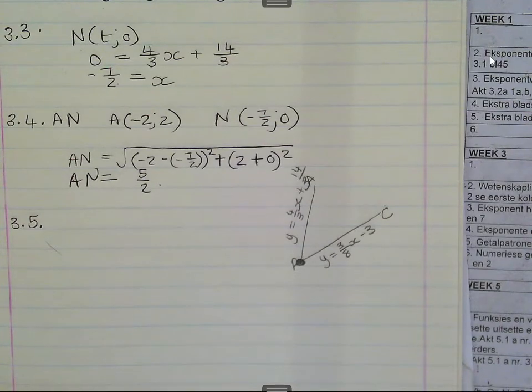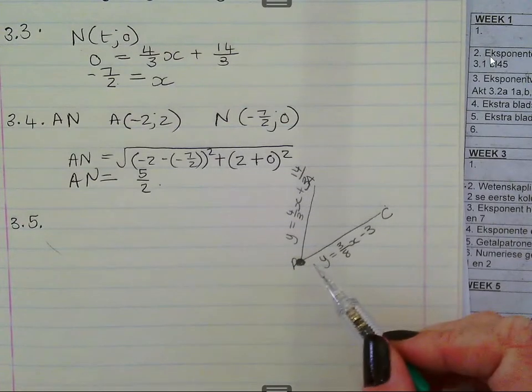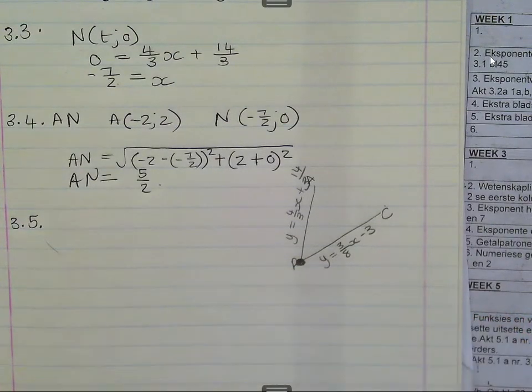We are also going to do a lot of this when we start doing functions, or the graphs. So whenever you want to know, make a note, where two graphs cut each other, where they intersect, then you let the equations be equal to each other.